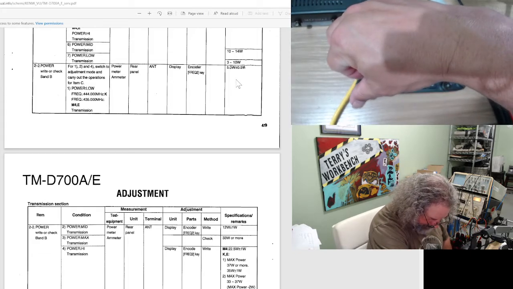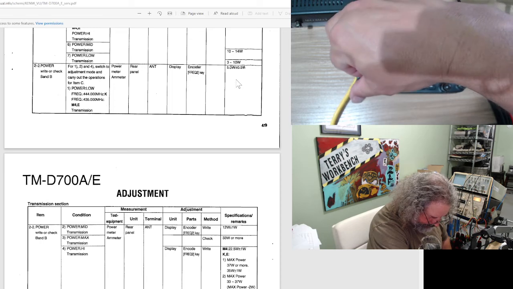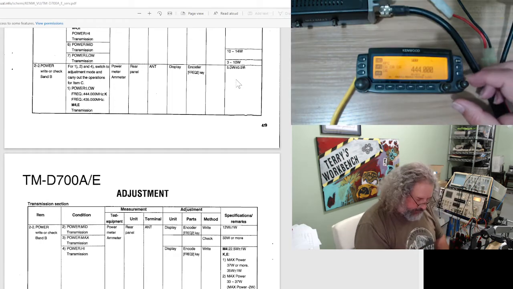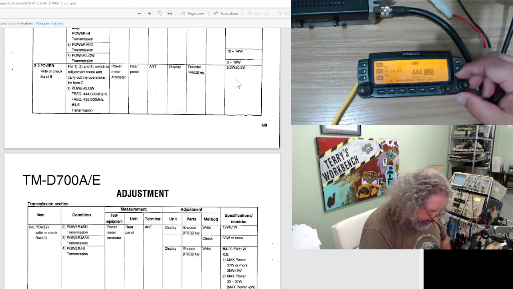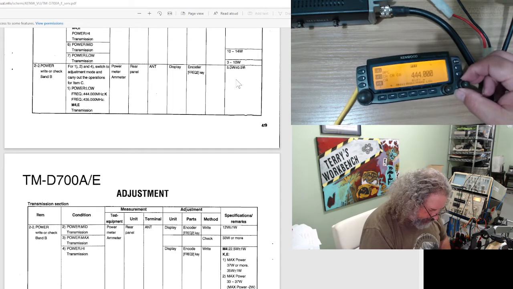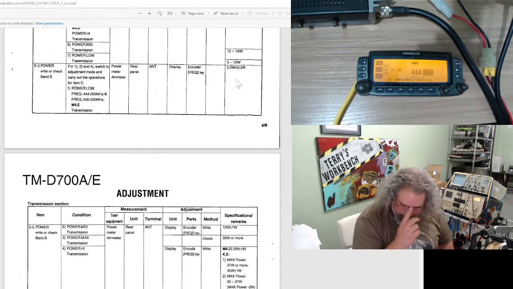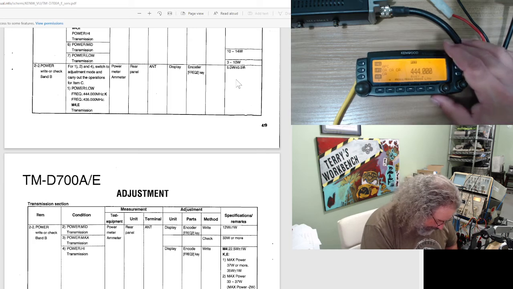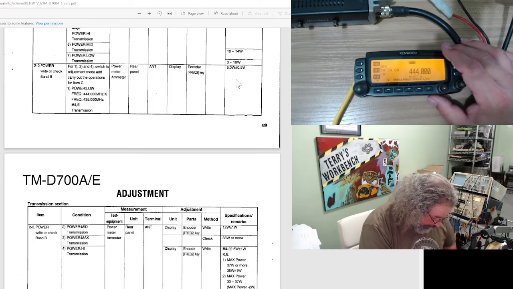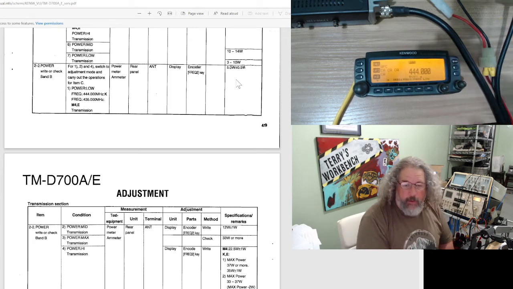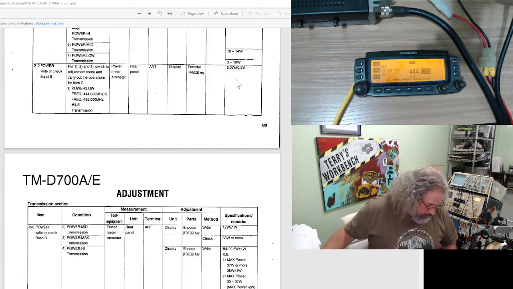There does not appear to be any changes across the band as far as power output goes into this dummy load. I'm not going to do it. So, all right, so we've got that set across all of those guys.